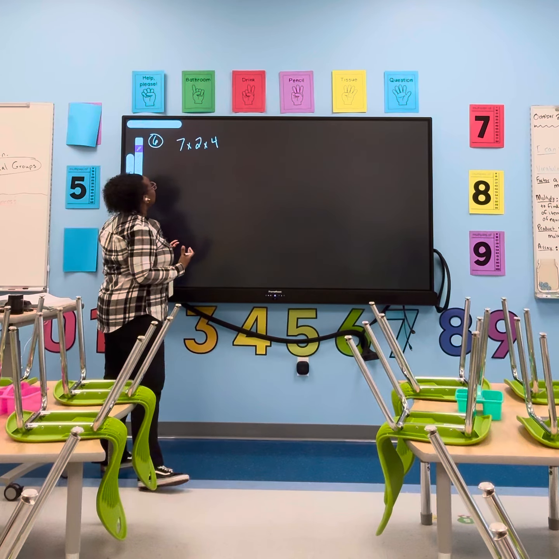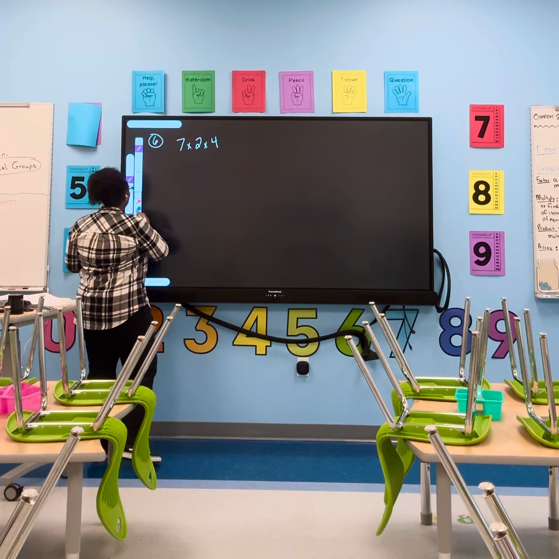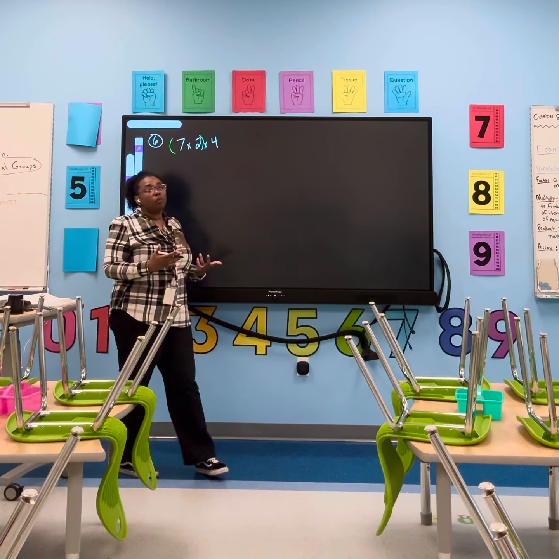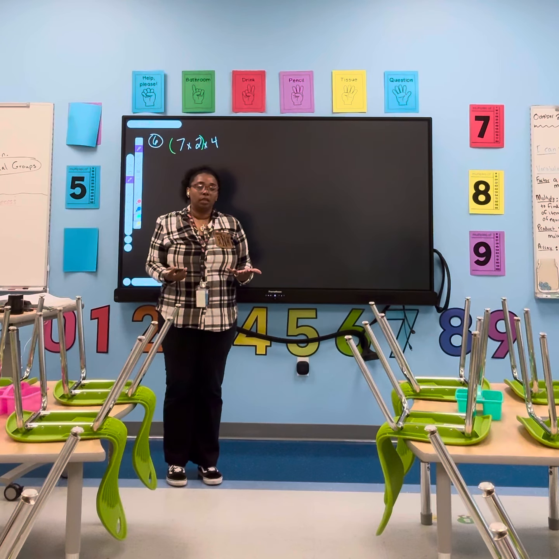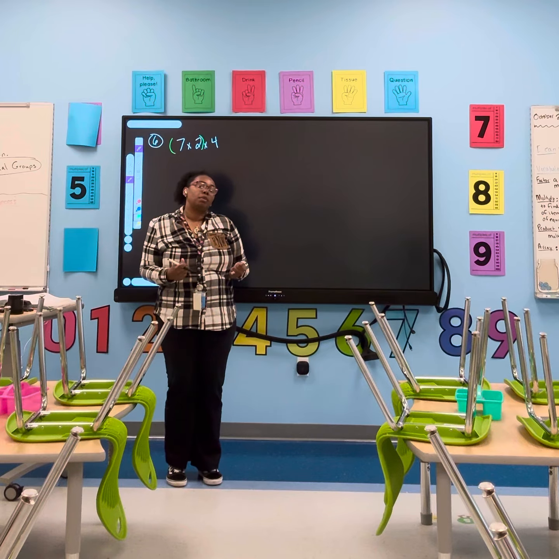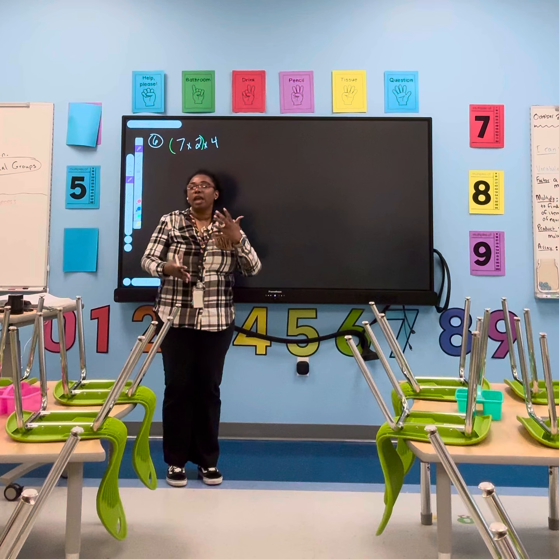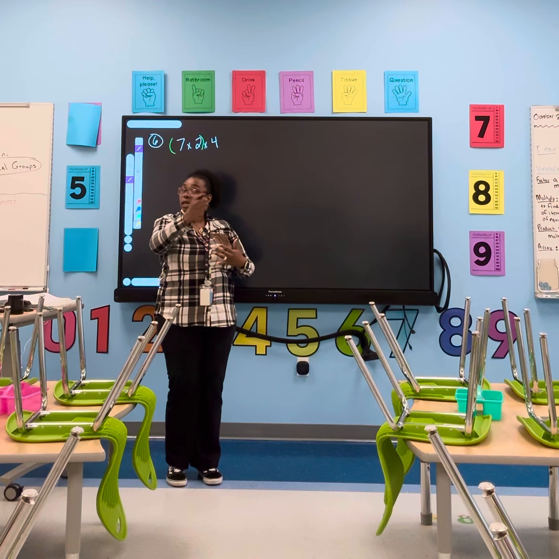So I can group 7 times 2, but 7 times 2 is 14. That means I would have to multiply by 14. 14 is a big number and we really haven't worked with 14.